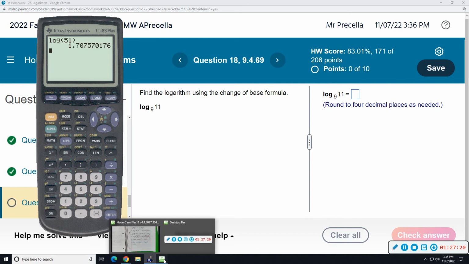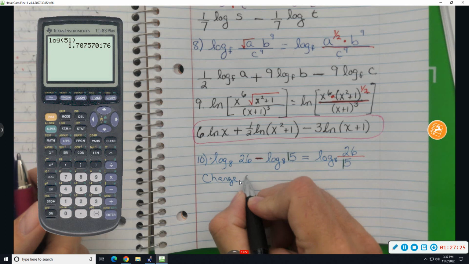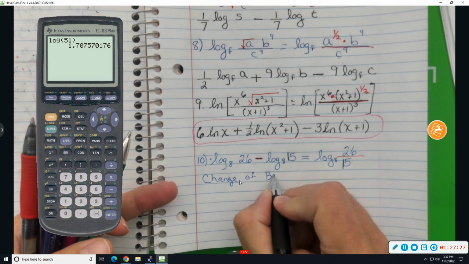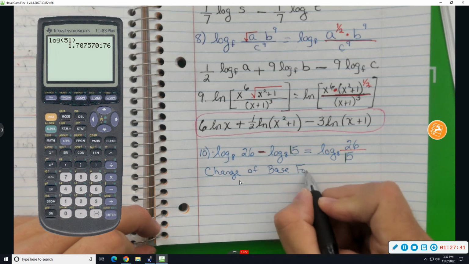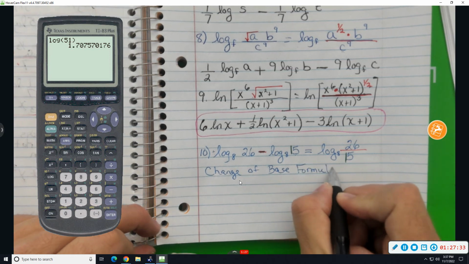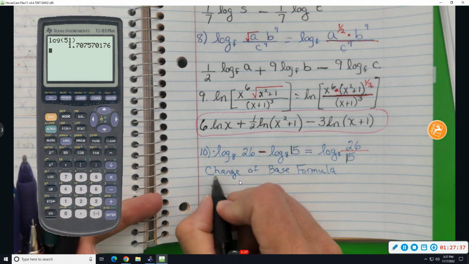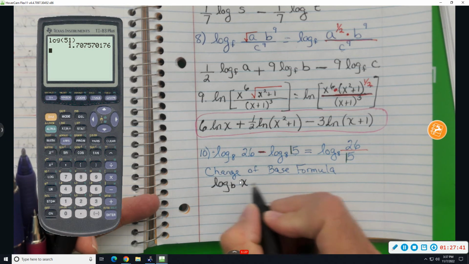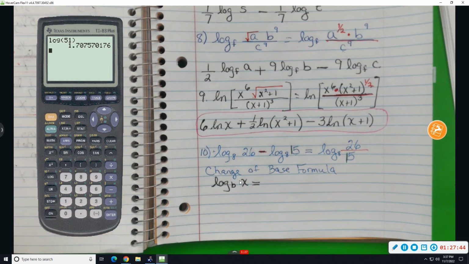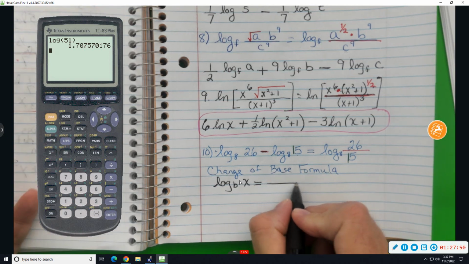Change of base formula. It's been a while since we've had a formula. This is how you punch something into your calculator if you have a base other than base 10 or something other than an ln.